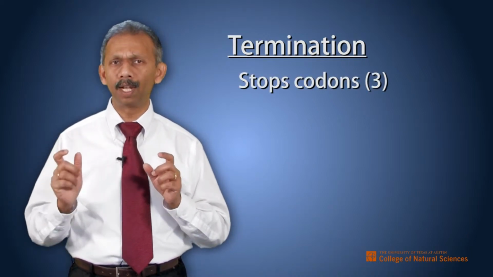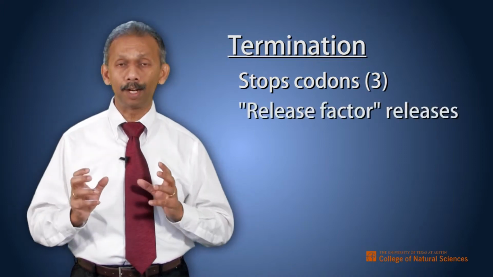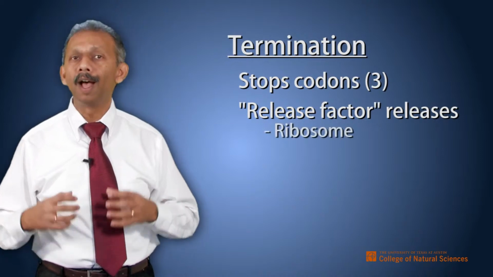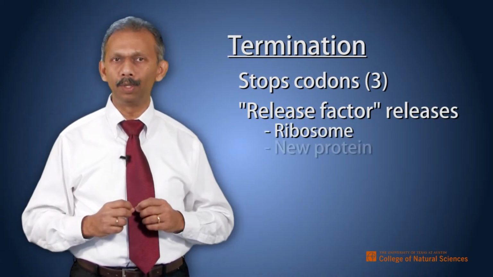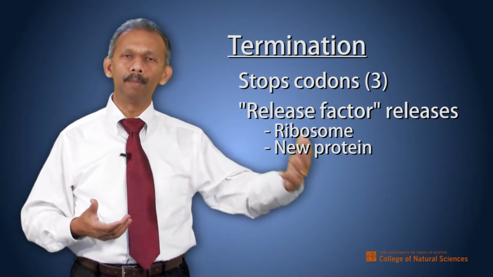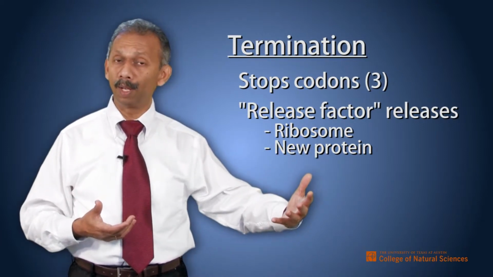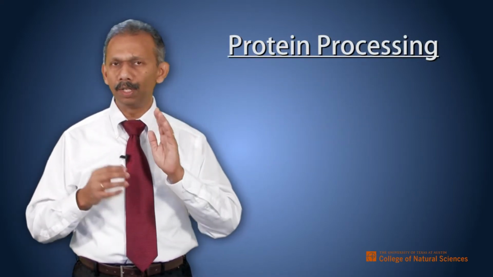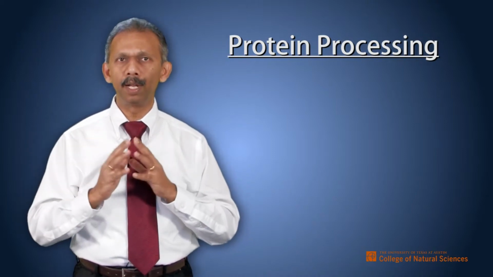One of them is recognized by the release factor, and that release factor will release the ribosome, and then it will also release the protein. The ribosomes will go on to make more proteins. The mRNA can be read by other ribosomes. So this process happens in initiation, elongation, and termination.